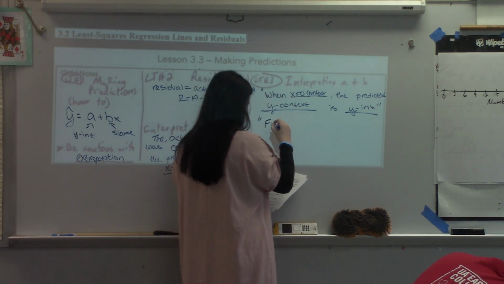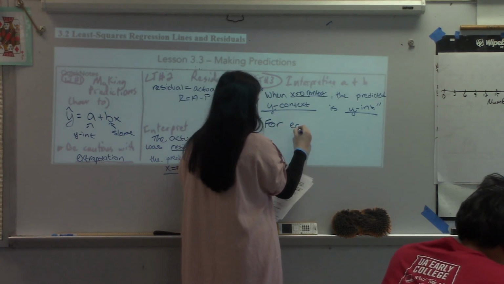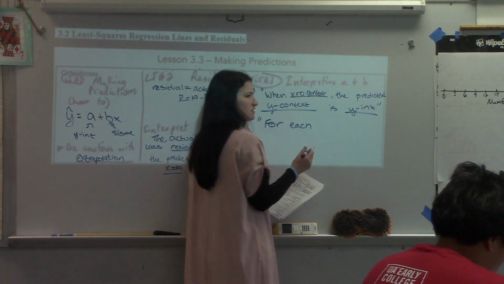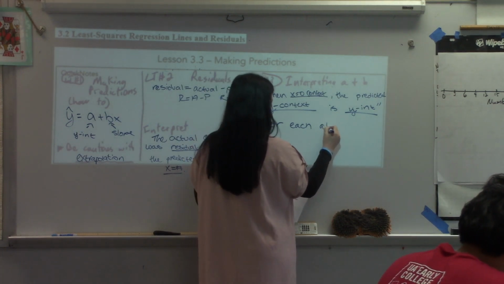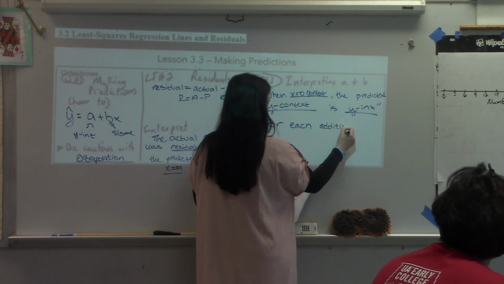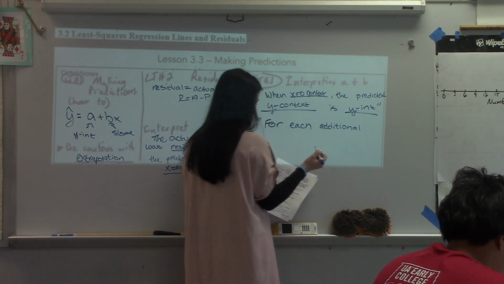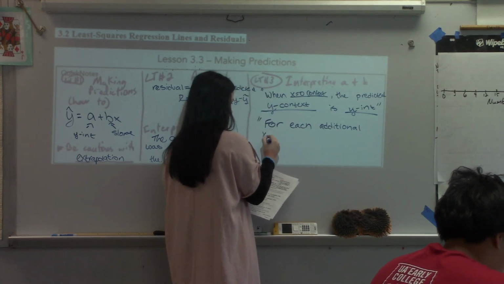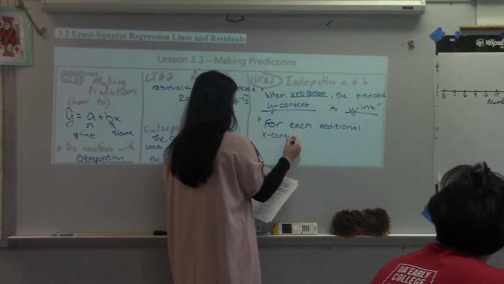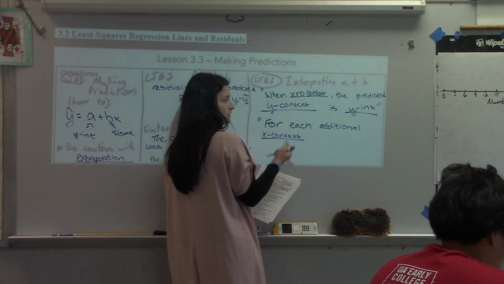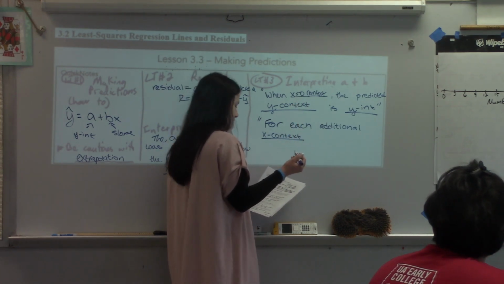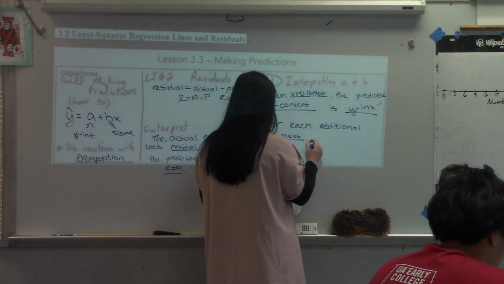And then for each additional life context, which is for each 1 year increase, you have to have context for each x. Can't you just say each year? You could, but it's not always gonna be 1 year.